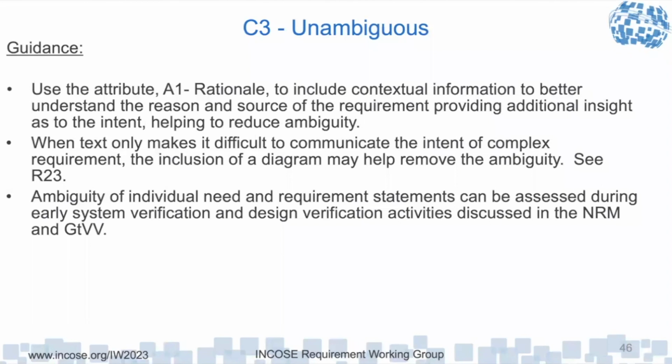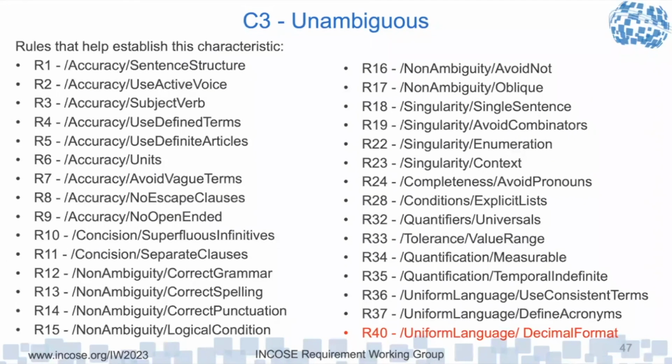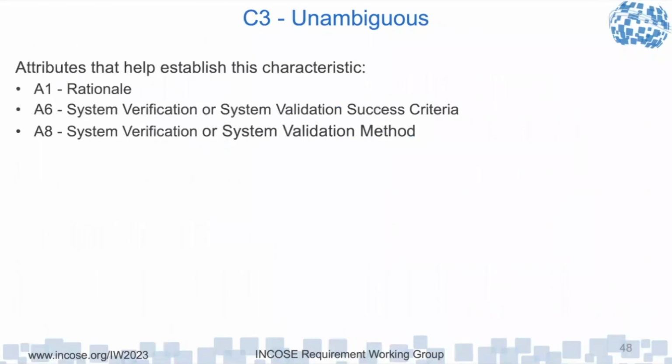Ambiguity of an individual need or requirement statement can be assessed during the early system verification and validation activities as well. A lot of rules deal with ambiguity because it's such a big problem. You could add an additional non-requirement statement that provides clarification or definition. That's the rationale. Well, the rationale is for the reason.